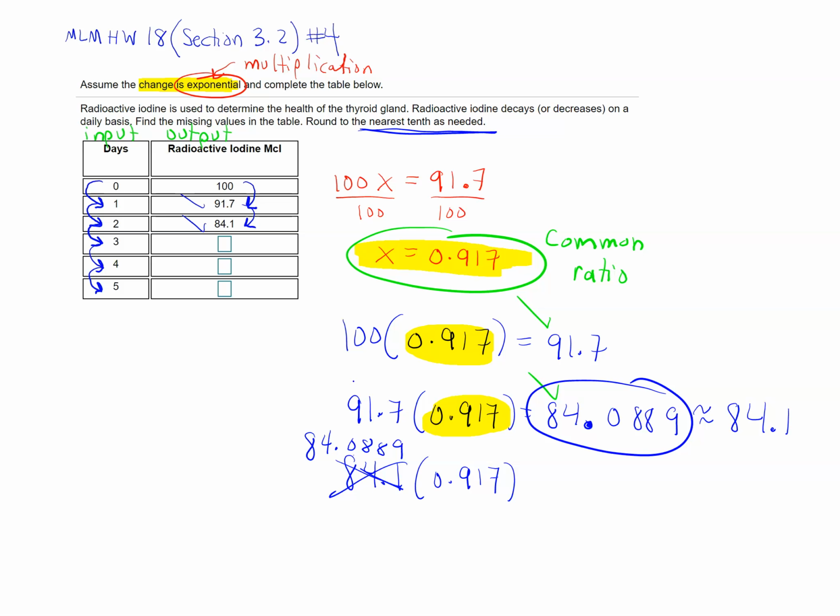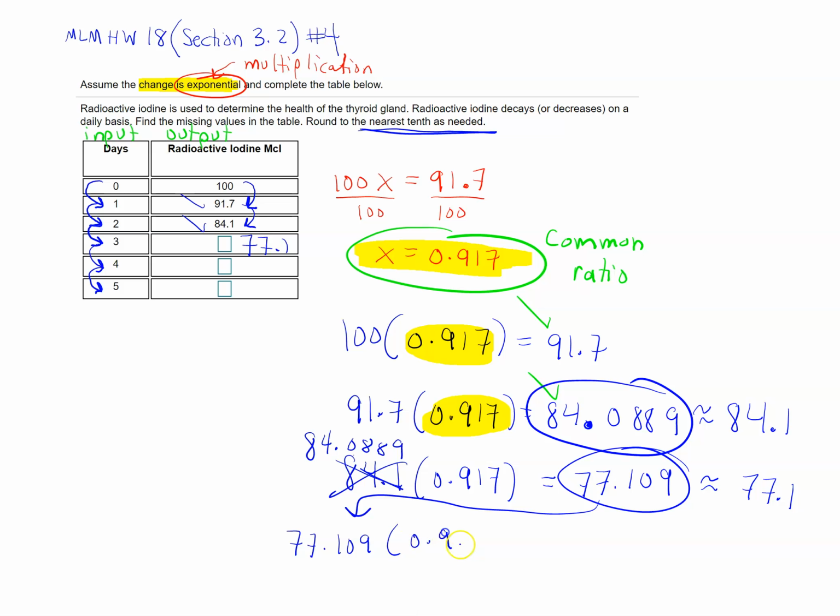So I'm going to leave that number that was in my calculator, and I'm just going to multiply by the common ratio, 0.917, and that gave me 77.109. But in my table, I'm just going to record 77.1. But I'm going to use the unrounded number to do my next calculation.